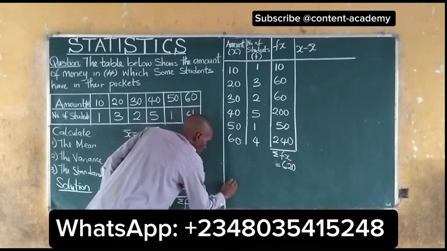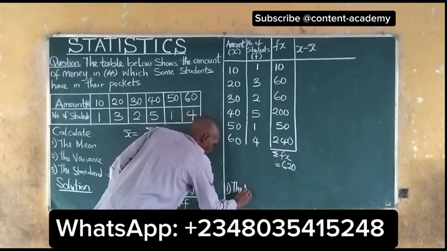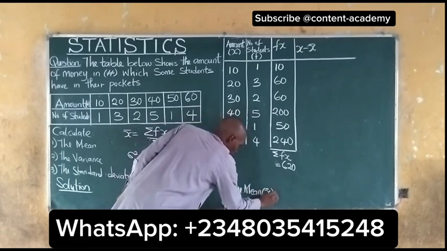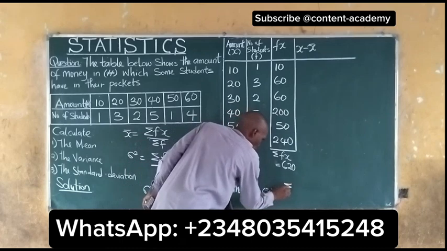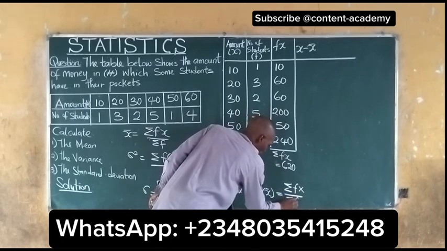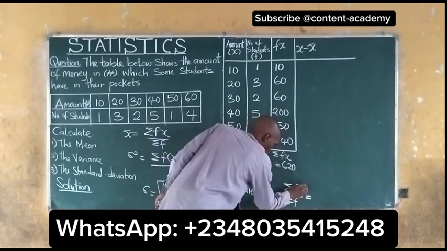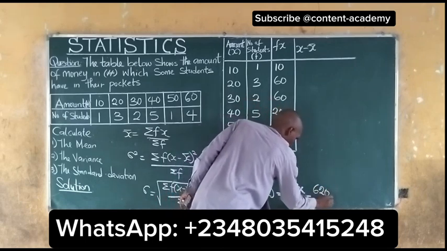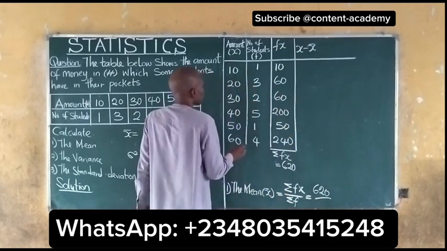The mean, which is x bar, is equal to summation of f of x all over summation of f. So summation of f of x is equal to 620. And what do we have as summation of f?